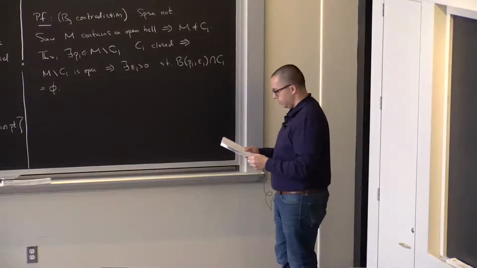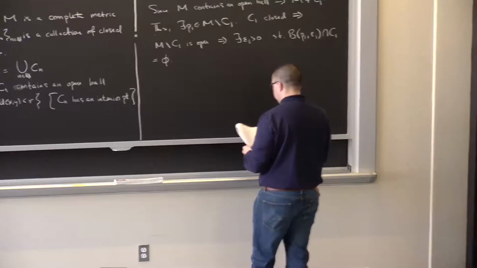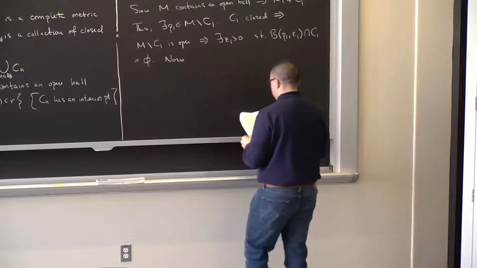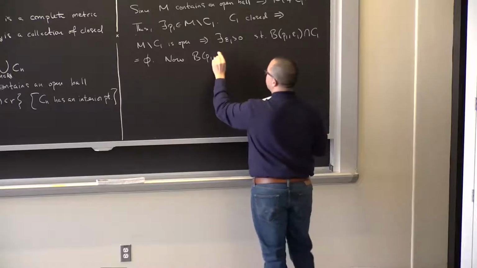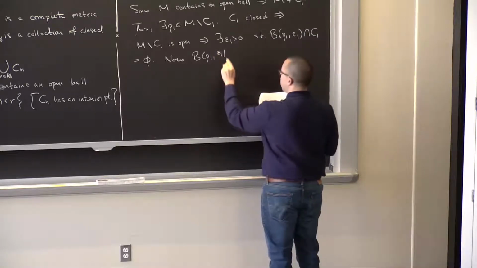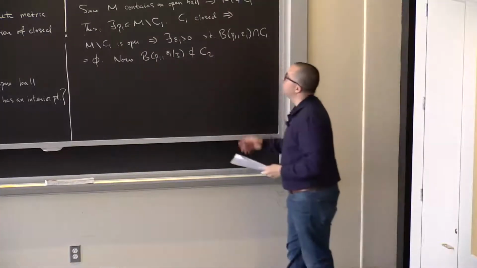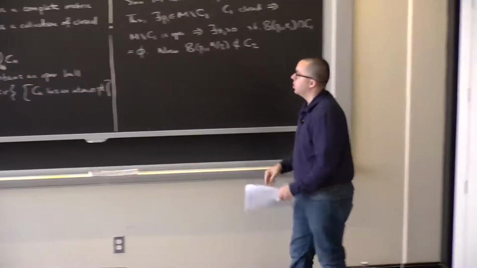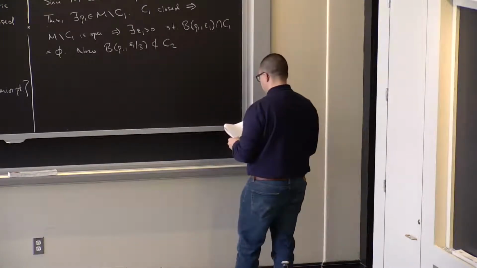Okay? Now I'm going to pick C2. Now, the ball centered at P1 of radius epsilon 1 over 3, this is not contained in C2 because, again, this is by contradiction. So we're assuming that M is written as a union of closed sets, and none of these closed sets contain an open ball. So this open ball cannot be contained in C2. Okay?